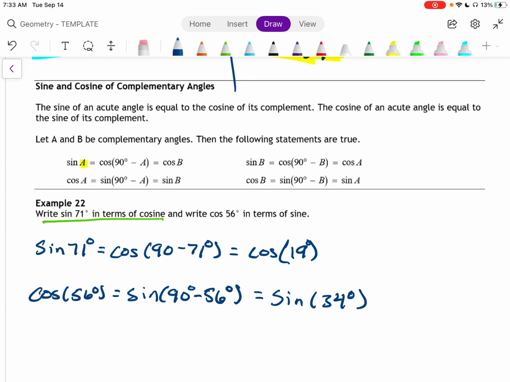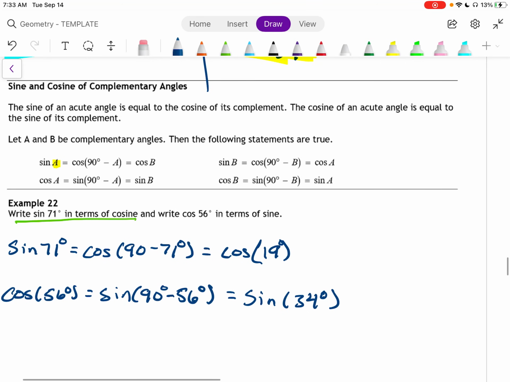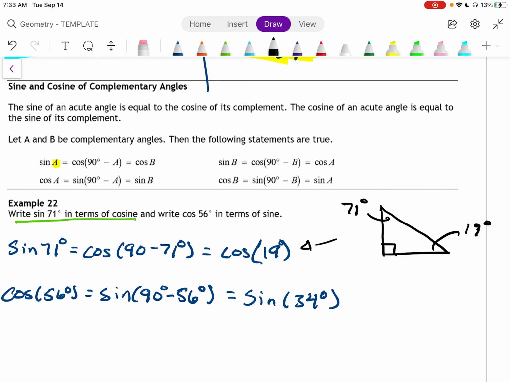All right, what this is saying here is that if we had a triangle, and I'm going to focus on this top one here. We have a triangle. We have 71 degrees here. Here's our right angle. This other angle here has to be 90 minus 71, which is 19 degrees, right?